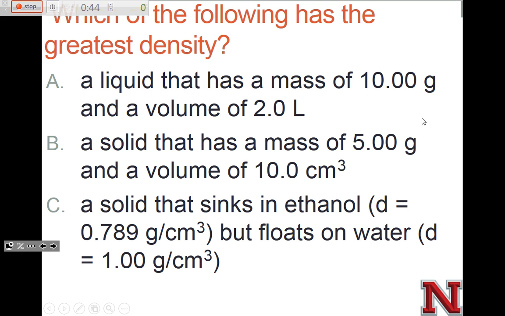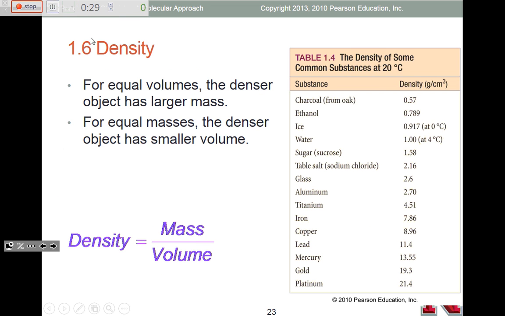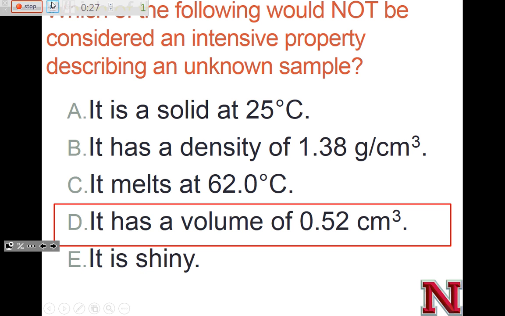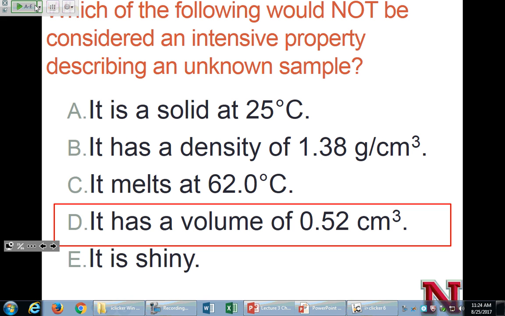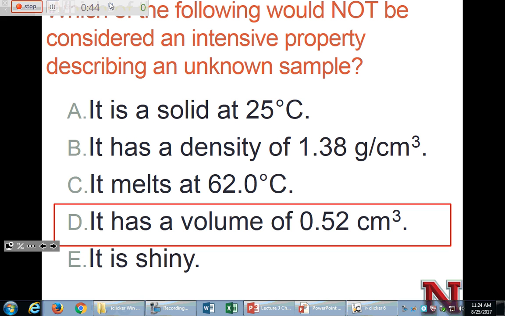So now we're going to talk about actually utilizing and determining density. And I'm going to give you a few more seconds for this. Stop. Okay, I'm going to stop it because I don't know why it's doing that. I'm going to start it and give you a little bit more than 45 seconds so you can think about some of these actual numbers. Now I'm on the wrong one. I'm going to stop it again.